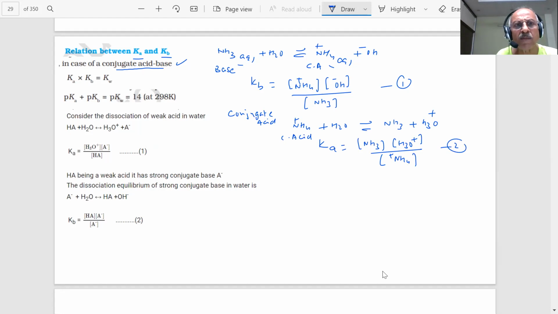Is there a relationship between Ka and Kb? That's what we want to find out. So let us multiply Ka with Kb. You have 1 to 2 minutes. What is the value coming, students?